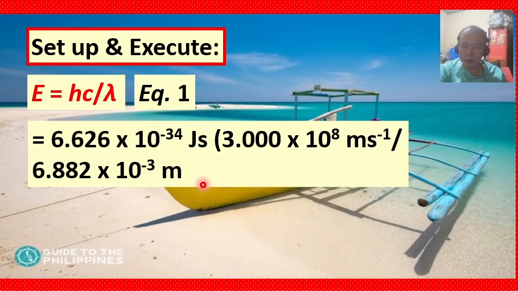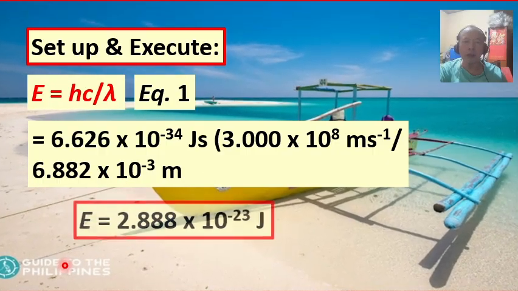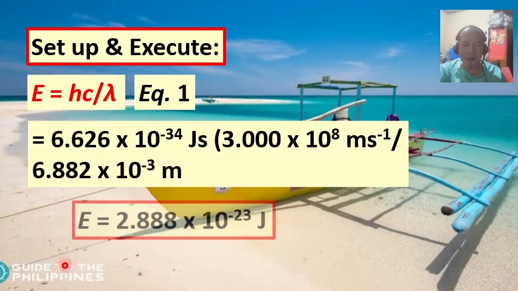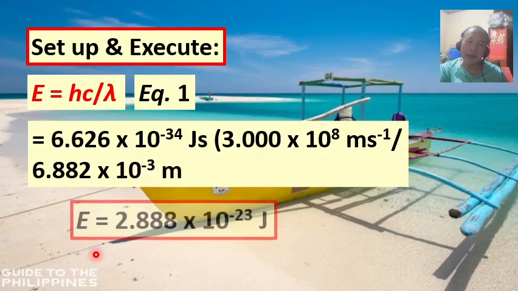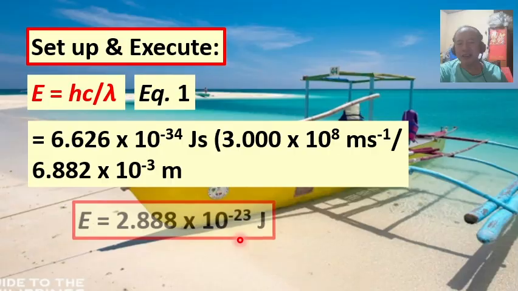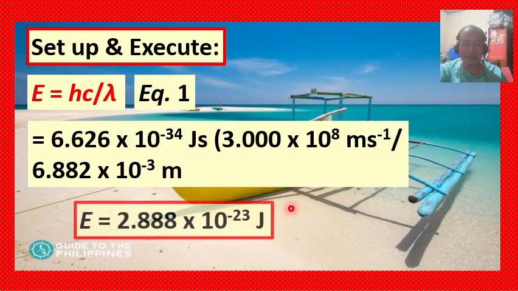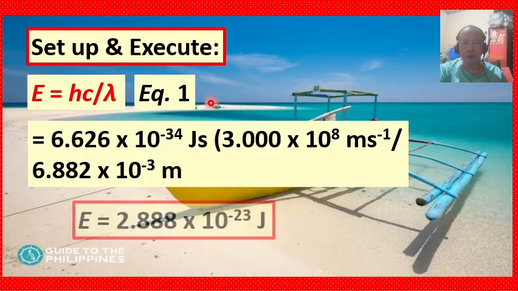When we do the math, we get the photon energy E equal to 2.888 times 10 raised to the negative 23 joules in 4 significant figures.